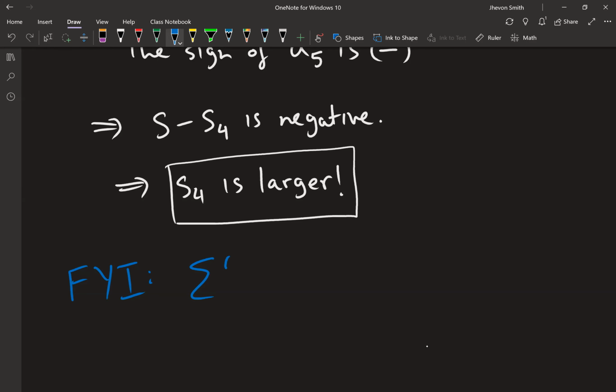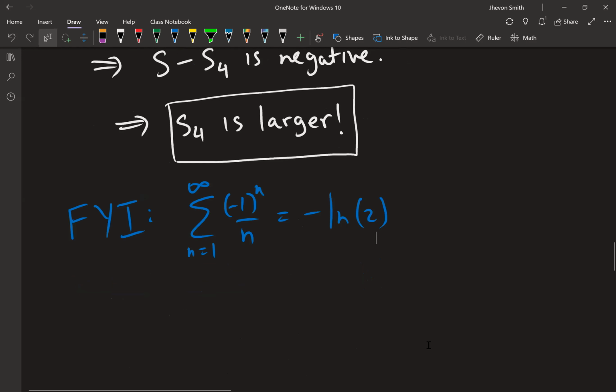The actual sum, minus 1 to the n over n, from 1 to infinity, is actually minus ln of 2. And I do believe that we are going to get to a point in this class where we're going to be able to prove that. So exciting stuff on the horizon. So it's actually ln 2. I wrote this down earlier as well: 0.693144718.